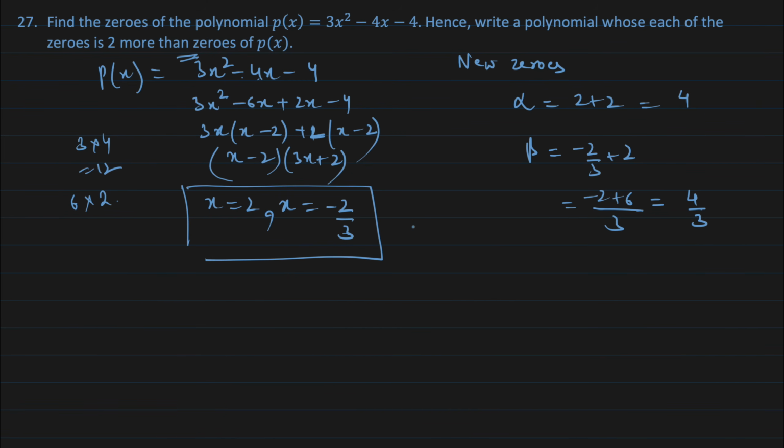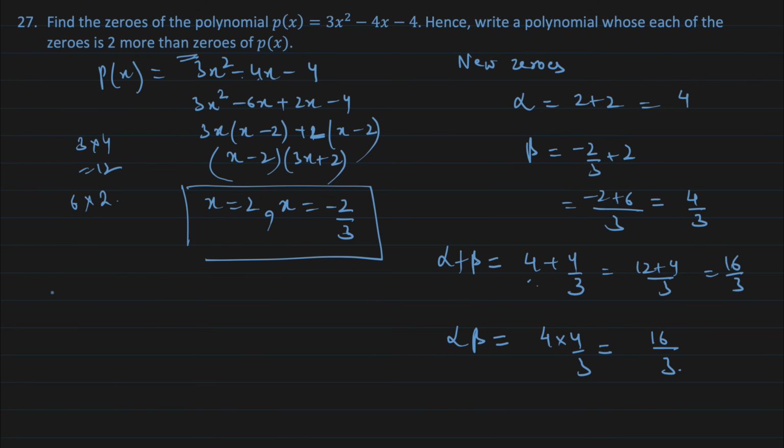So let's calculate first alpha plus beta. 4 plus 4 by 3, LCM 3, so that will be 12 plus 4 by 3, which is 16 by 3. And alpha beta will be 4 into 4 by 3, so that will also be 16 by 3.